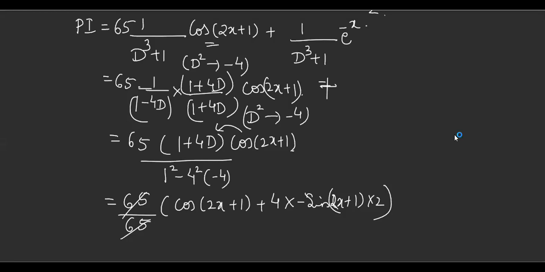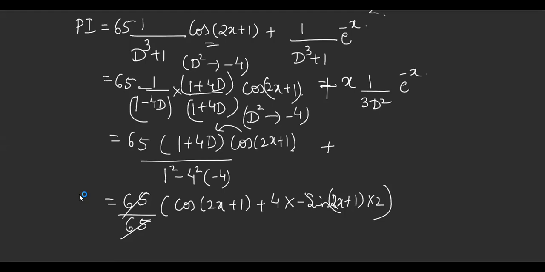If it is becoming 0, what has to be done? Multiply by x and differentiate. What is the differentiation of d cube plus 1? 3d square, operating on e raised to minus x.